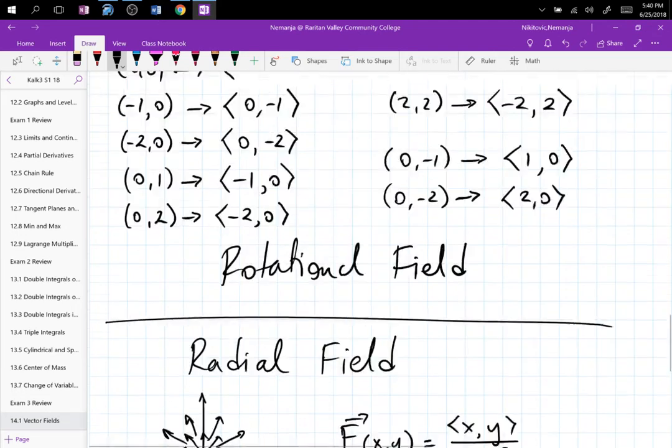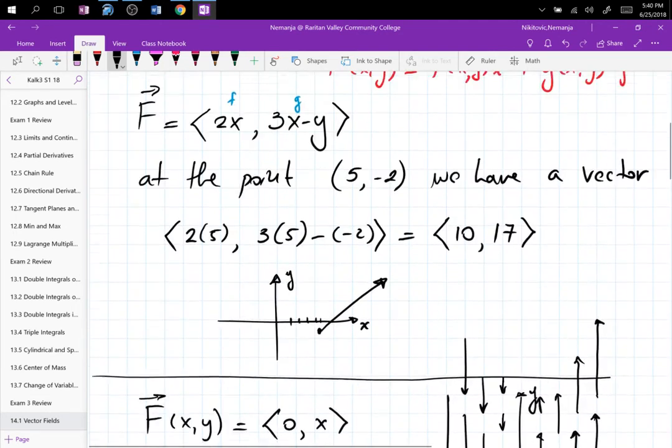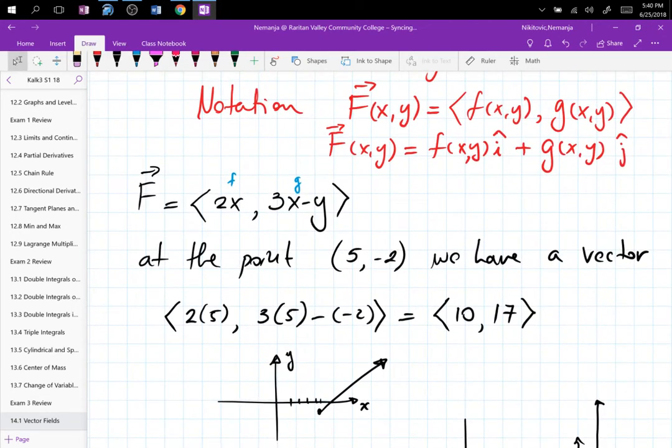So now that we understand, hopefully, that you are going to have a vector field, and a vector field is just an equation in a vector that contains x's and y's, which is f comma g, and then you are going to pick points in space, and whatever point you pick, those are the x and y that go into the machine, and then the vector field will give you the vector, and you draw that vector, and then you draw all of the vectors, and you try to make sense of what the field is doing.